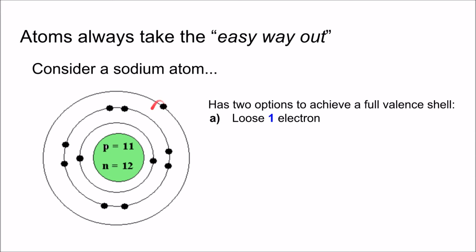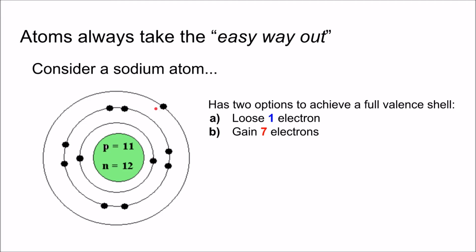If I got rid of this electron, I would have a full shell of 8 electrons, and that would be the outer shell, because if I took away this electron, I would only have this shell left on the outside, so that would have a full set of 8 electrons. Or it could take on 7 more electrons to fill this shell that it currently has.